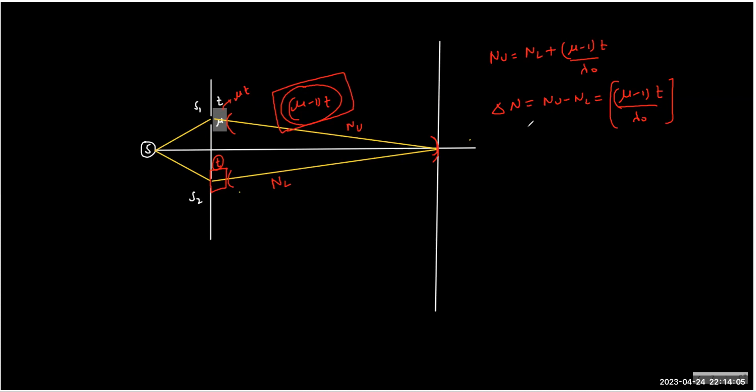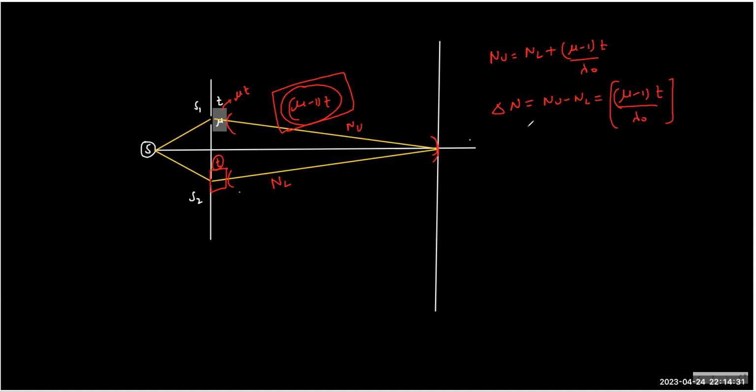What does it mean if it is exactly 1? So the two paths will differ by one wavelength. Exactly. So both maxima will coincide, minima will coincide. After one wavelength, you will be again in the same phase, right?